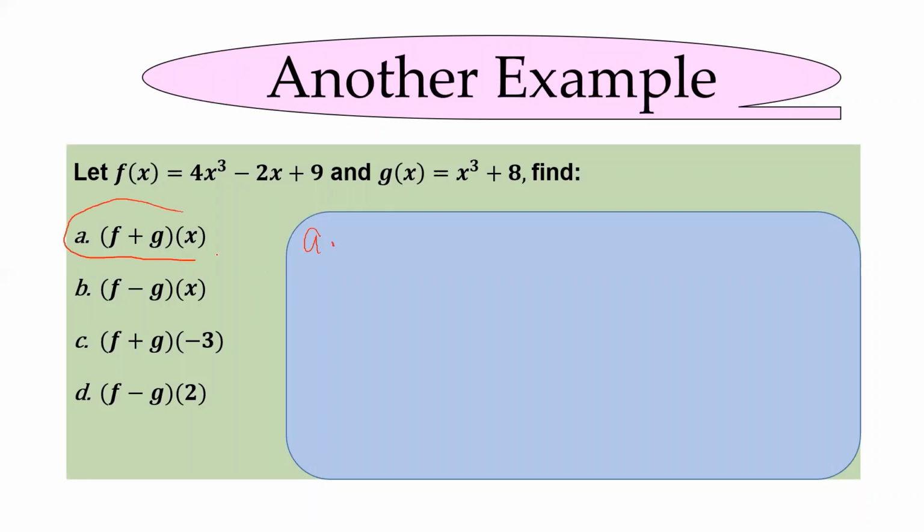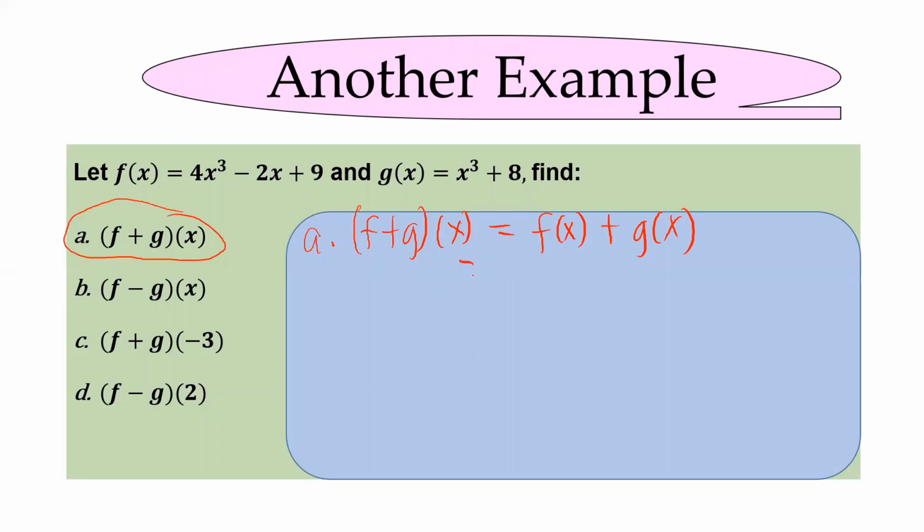This one. Plus, okay, f plus g of x. So, ibig sabihin, f plus g of x is equal to f of x plus g of x. And then, we have to substitute the functions.